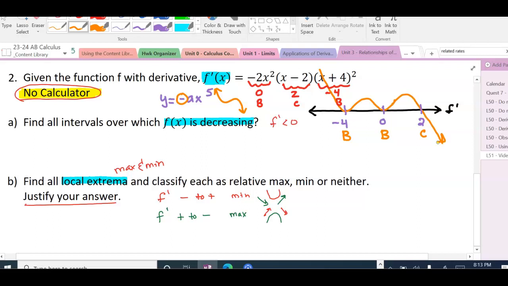So now if we're looking for decreasing, f prime less than 0, then this is from 2 to infinity. So that would be from 2 to infinity. And if I'm looking for relative extrema or local extrema, the only time that I cross is x equals 2.